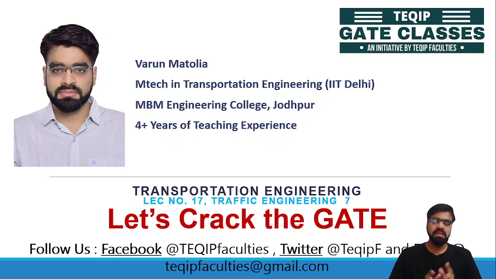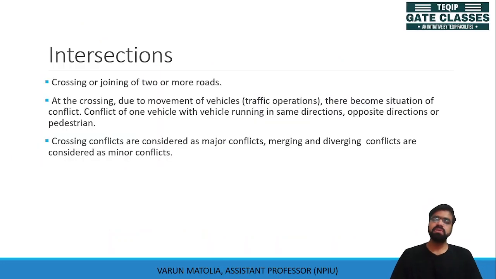In this lecture, we are going to talk about intersections, the problem related to intersections, that is conflict points, and how we can design an intersection in such a way that we can remove these conflict points. So let us start with intersections.